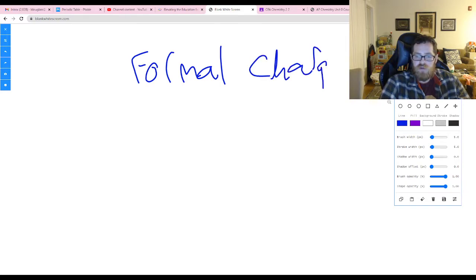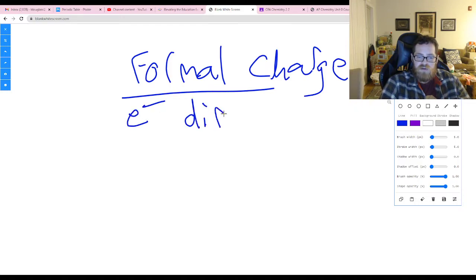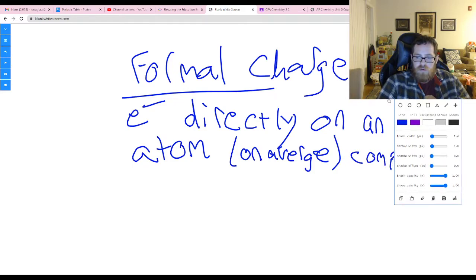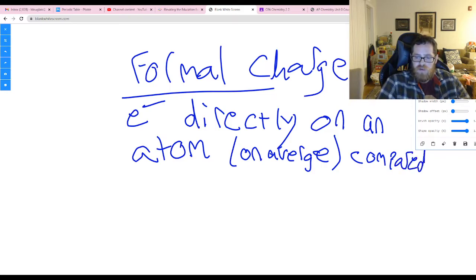Formal charge is all about looking at the number of electrons directly on an atom, say on average, compared to its protons.